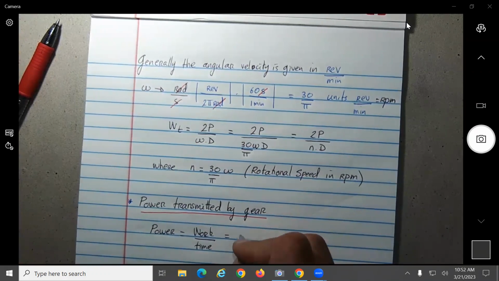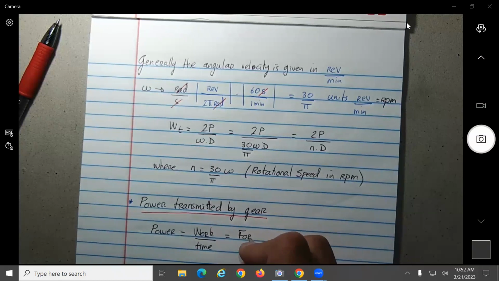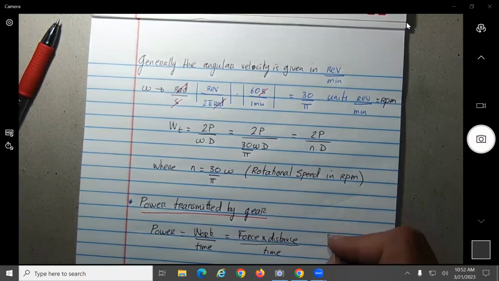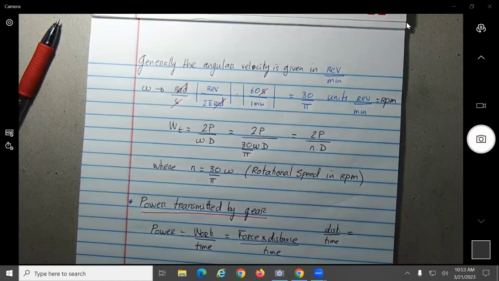And we say work will be force times distance over time. So what is distance over time? Okay, so this is velocity. Let's call this one V.